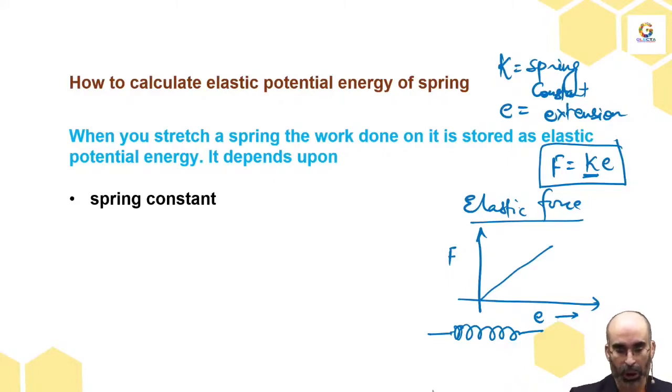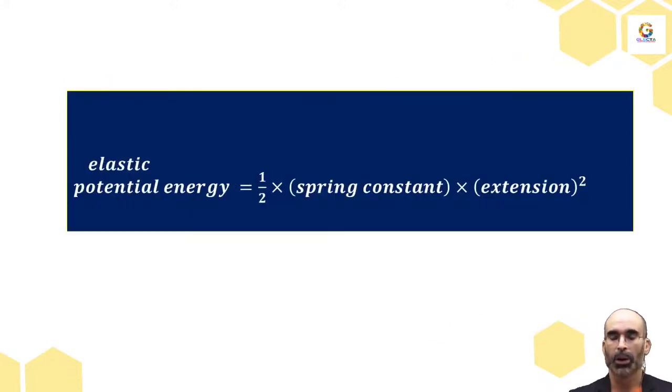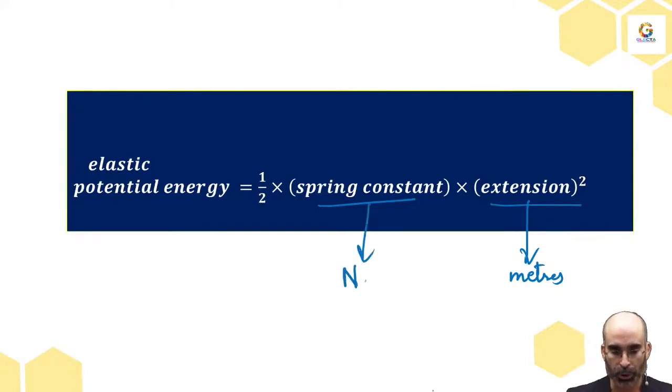So it depends upon spring constant and extension. The formula of elastic potential energy is half multiplied by spring constant into extension squared. Extension is measured in meters. The SI unit of spring constant is Newton per meter, and energy is in joules.